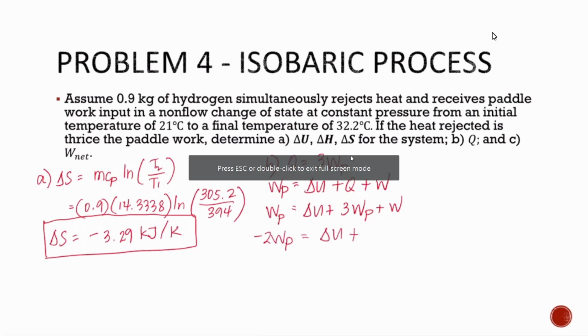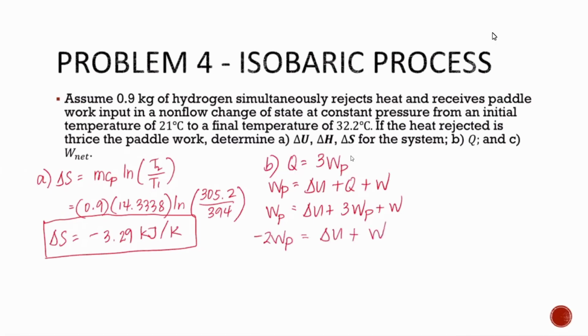Delta U plus W. Since ang ating hanap is the WP, so we have plus W divided by 2. Huwag natin kalimutan yung negative. Ayan. Negative. Meron na tayong na-solve na delta U. Kaya lang wala tayong work.